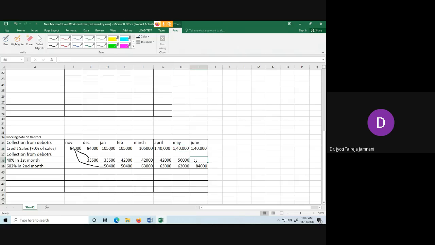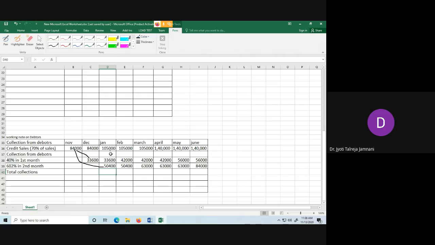May, we will take 40% in June, and the remaining 60% will go to July. We are not preparing cash budget for July, so we will not take it ahead till July. We'll only total from Jan to June. So the total collections from Jan to June, we need to add it.